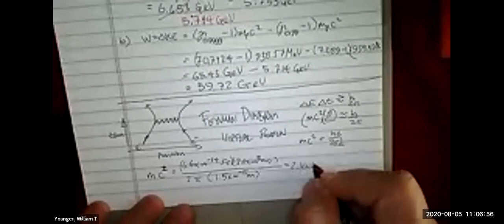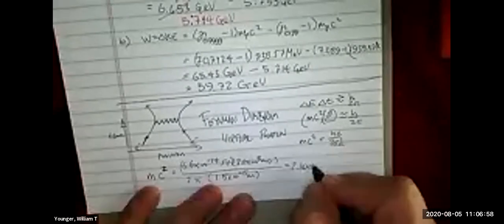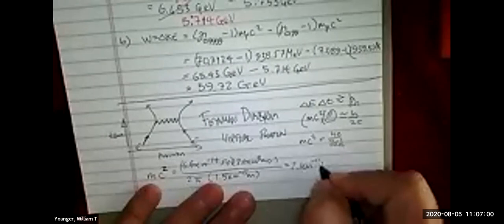Again, that's roughly the distance across a large nucleus, if you will. If you do all that math, lo and behold, what you'll get is about 2.1 times 10 to the negative 11th joules, which is about 130 MeV.